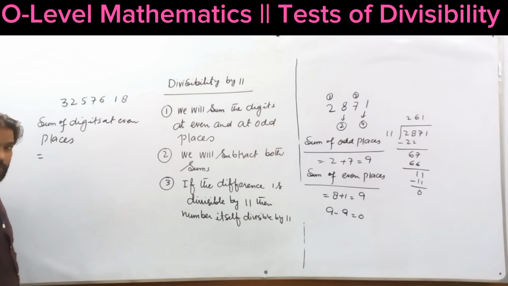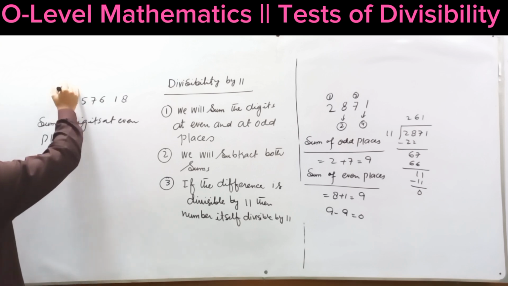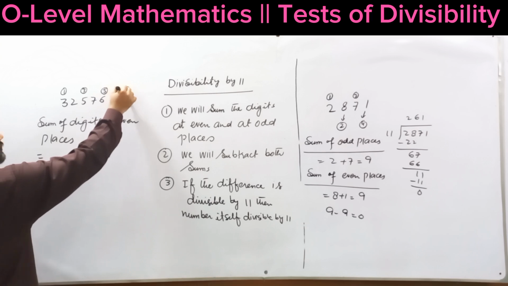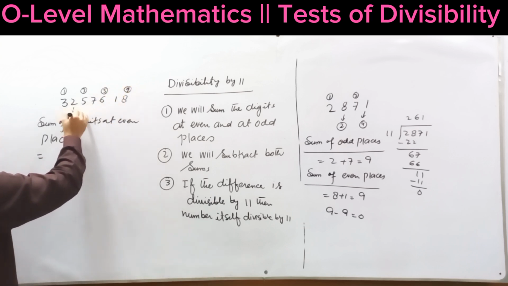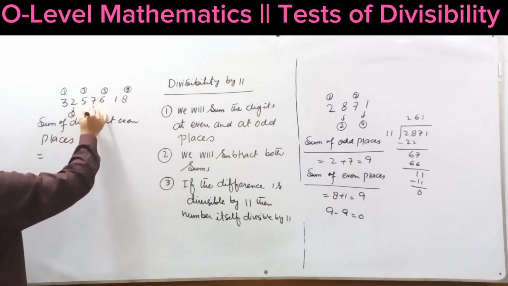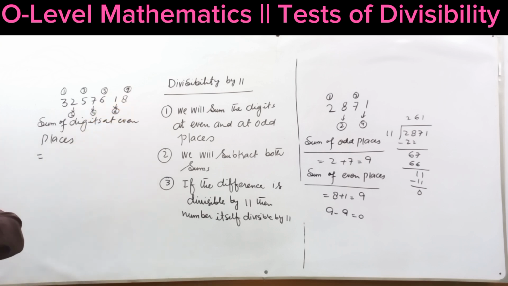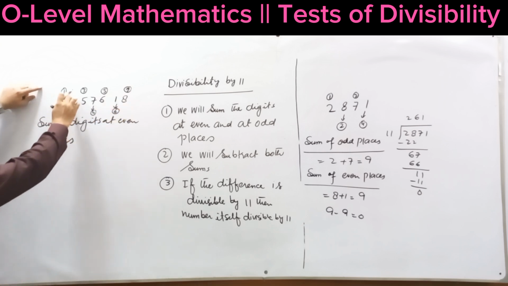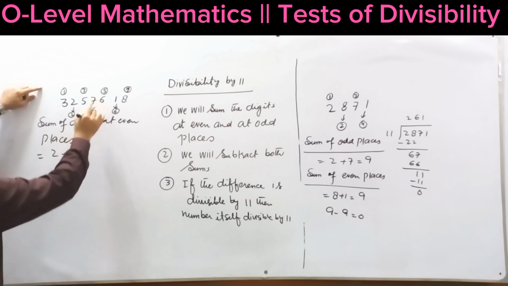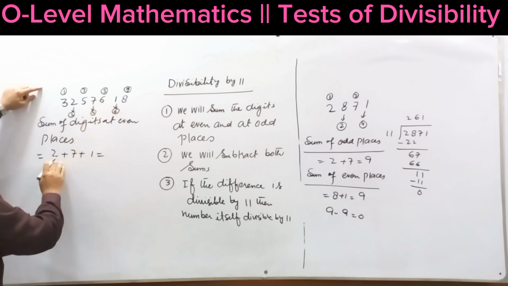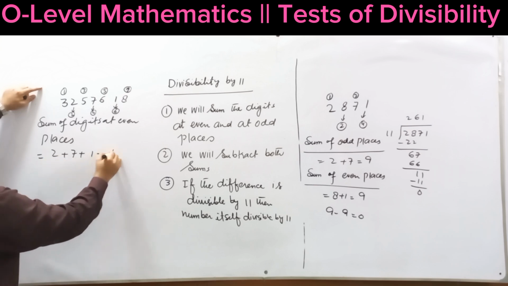Digits that are on even places are, this is the first place, third place, fifth, seventh. Even places are this 2, 4, 6. So the sum of the digits at even places is 2 plus 7 plus 1. This will give us 2 plus 7 is 9, 9 plus 1 is 10.